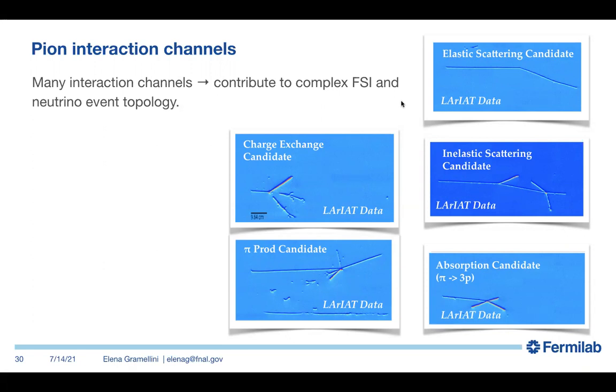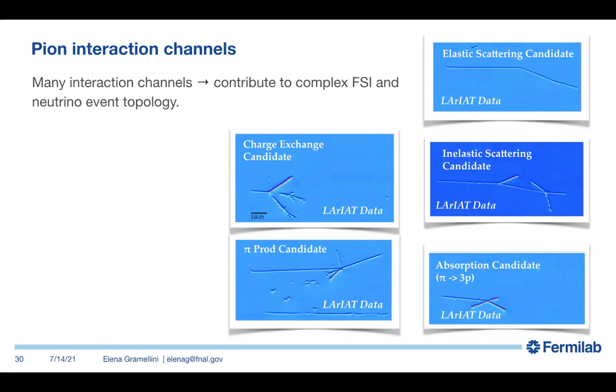So you need to think about this as, if you have these pions in a neutrino interaction, first of all, you have your nice vertex, and then there's a bunch of this stuff attached. You can think about this as attached to your neutrino vertex, or also you can think about these happening inside the nucleus as part of the final state interaction. So pions and the fact that they interact hadronically really contribute to the complexity of your neutrino event.